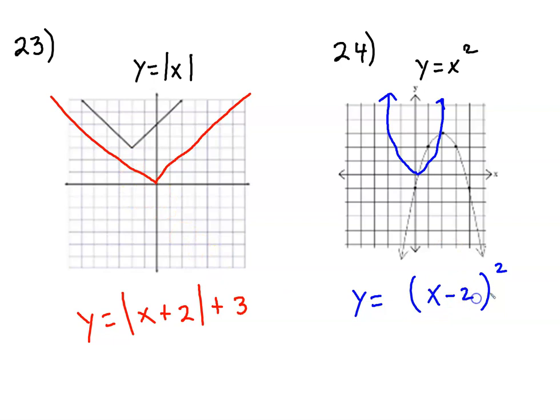This is going to be x minus 2, 2 to the right, and 3 up, plus 3. And notice that it's the parent flipped over. And when it's flipped upside down like this, that means we put a minus in front of the parentheses. That's called a reflection, a vertical reflection.